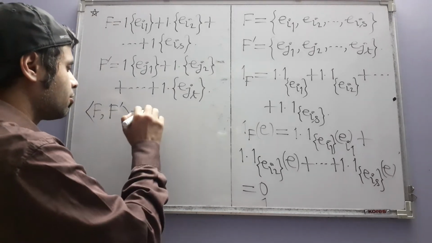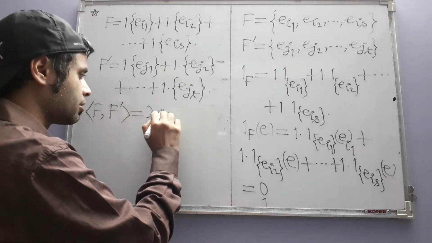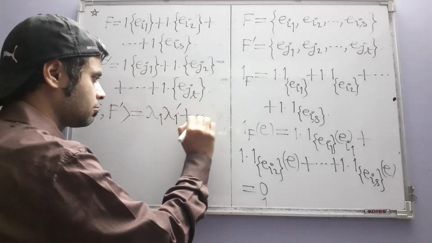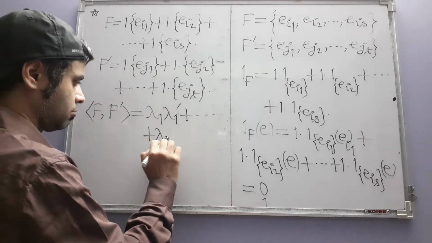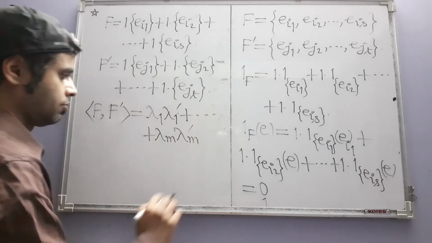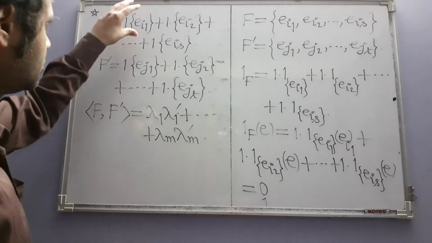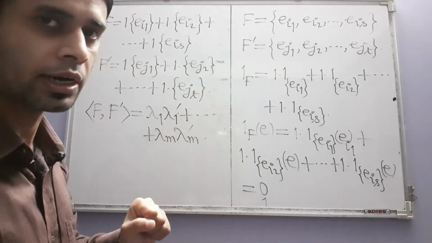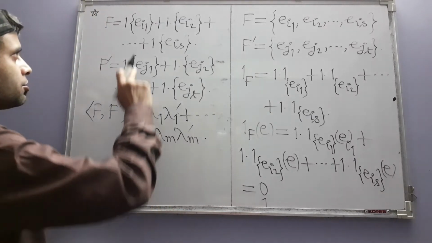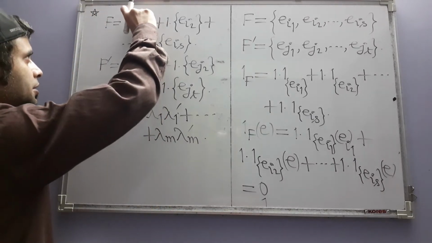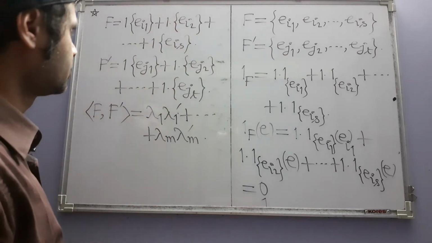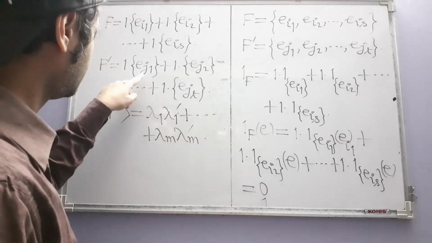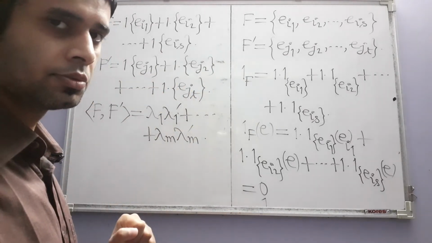So now when you consider these products, what do you think? Which terms would actually survive here as non-zero terms? Precisely those terms for which these things match. Say this e_i1, say i1 is equal to 1, whereas j1 is equal to 2.